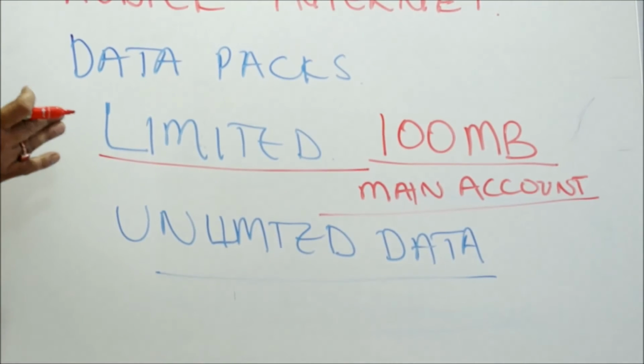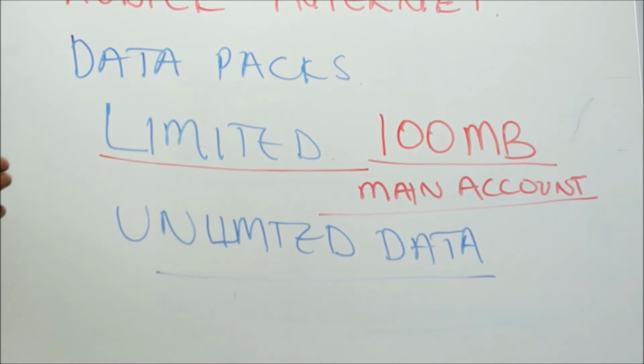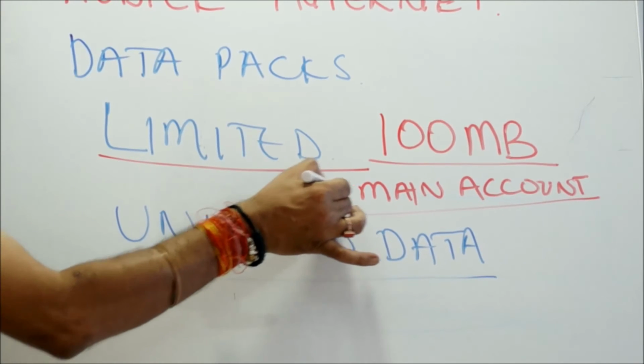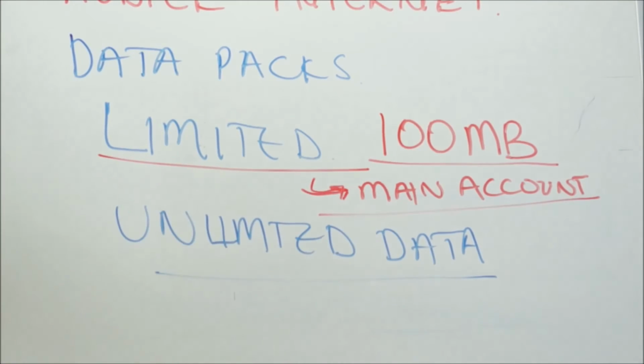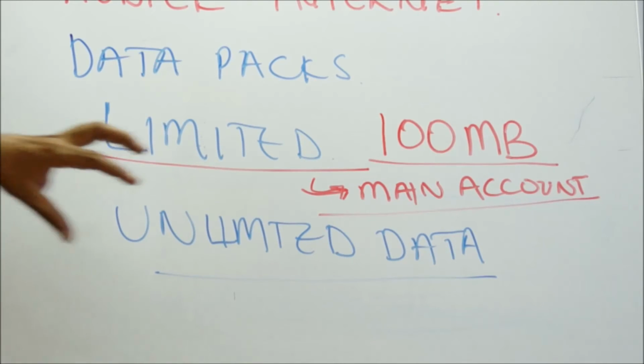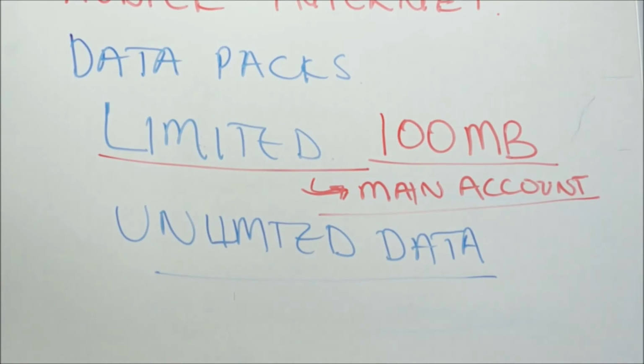So it is like a generator is available, electricity goes, the moment electricity goes, your generator starts working, and all equipments start working, but you have to pay for the generator diesel. So in this case, once your data pack is consumed, your main account balance gets charged for the data.